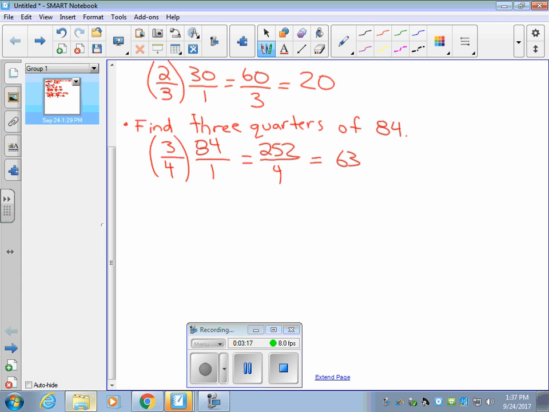All right, so here is background knowledge that's a little bit trickier, but hopefully not too bad. This question says, if 2/3 of a pizza has been eaten, what portion is left?